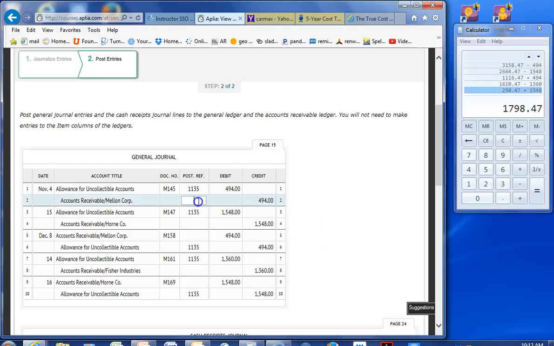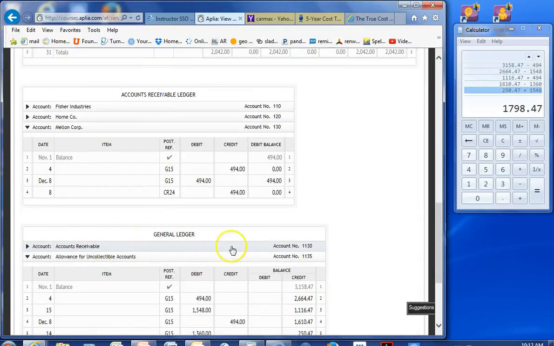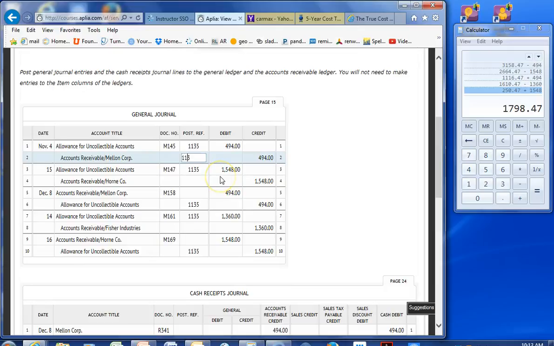Okay, now let's do accounts receivable / Mellon. Accounts receivable, 1130. Accounts receivable, I know that's wrong because we're not done yet. Accounts receivable, accounts receivable, and accounts receivable. All right.